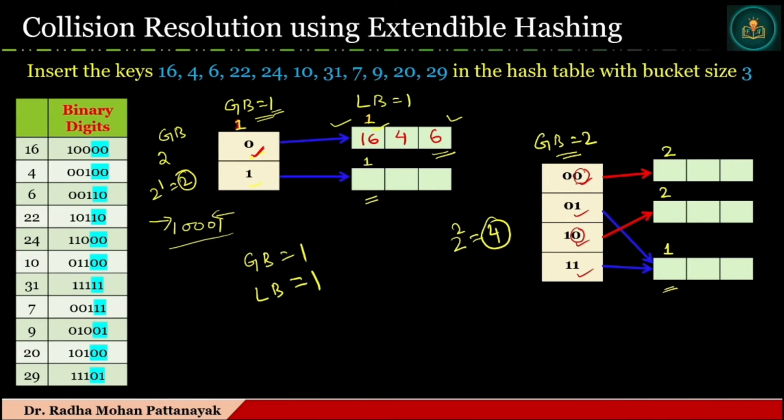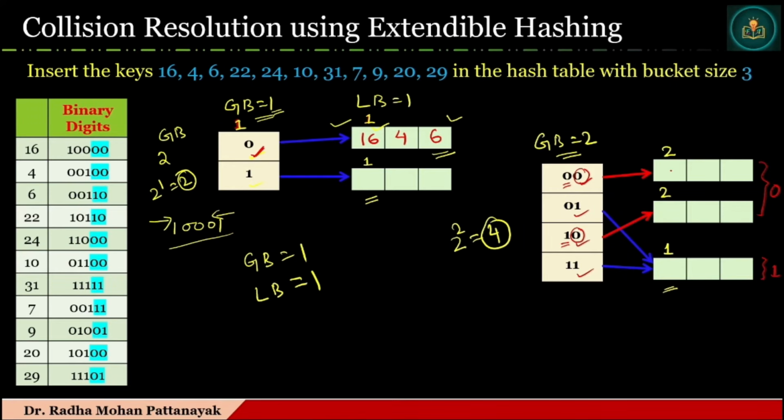Then check what the next bit associated with this is. The bit is 0 here and the second bit is 1 here, right? So the 0 bucket is divided into 2 buckets: one is 00, the second is 10. Clear?